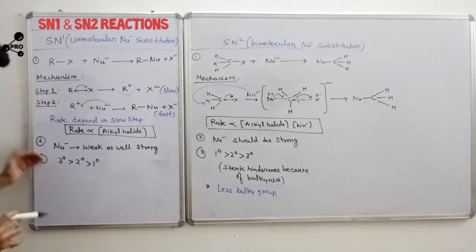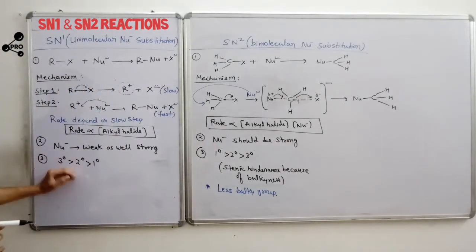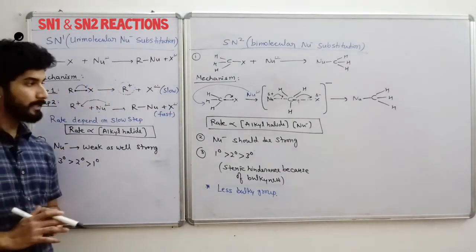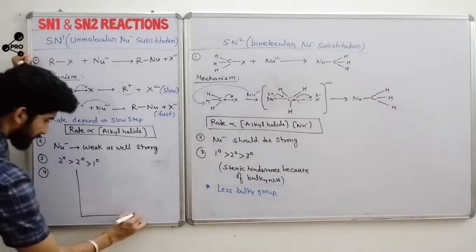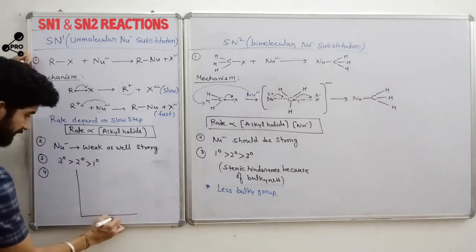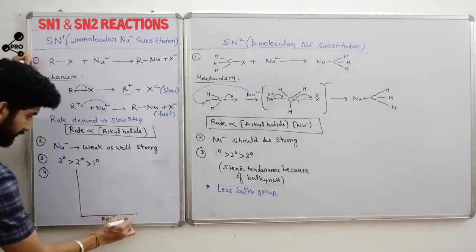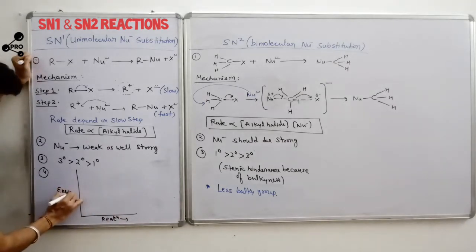In SN1, 3 degree is more reactive than 2 degree, which is more reactive than 1 degree. Now if we talk about the energy profile diagram, suppose in this part the reaction is proceeding and this is the energy.